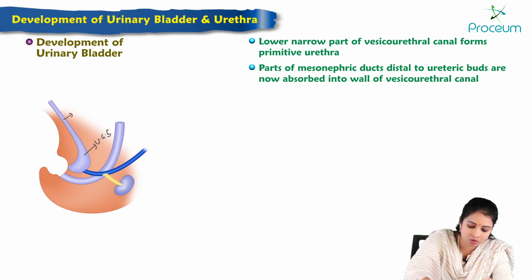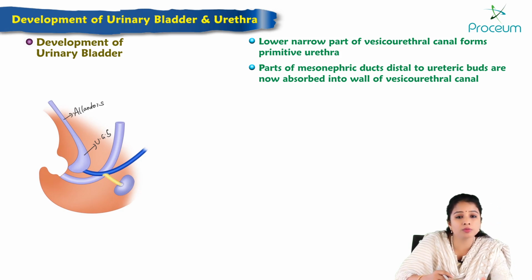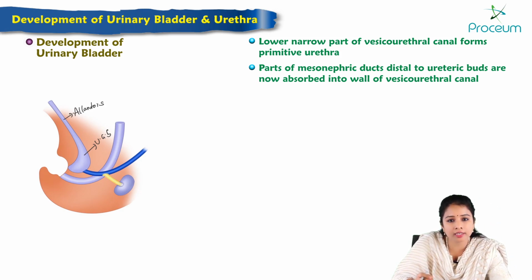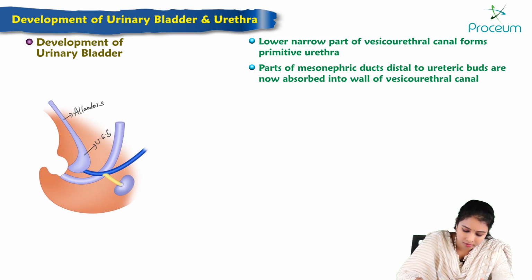And this is allantois which forms the urachus, and it later turns to form median umbilical ligament. And this is primitive rectum. And here is the anal membrane. This is urogenital membrane. And in between it is the urorectal septum. And here is the mesonephric duct.